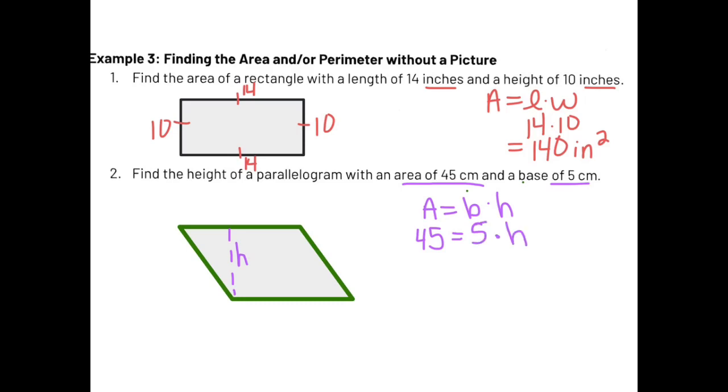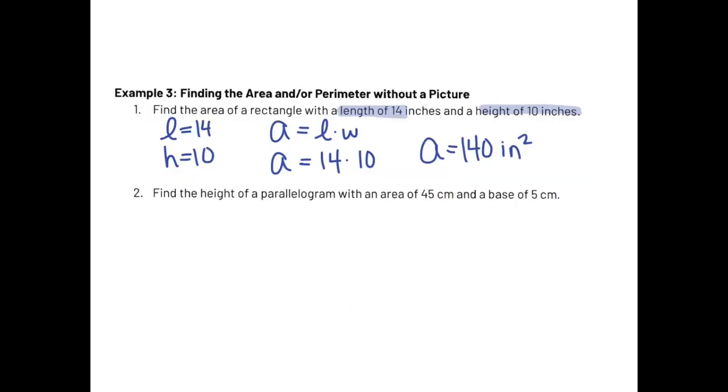All I have to do is find the height. So we're going to use our algebra skills here and undo that multiplication by dividing both sides by 5 to get the h by itself to represent that the height is 9 centimeters. And again, that label is coming from the problem. So the height of the parallelogram is 9 centimeters.